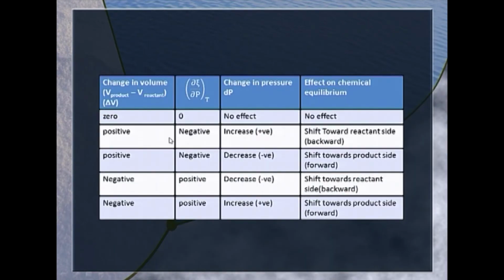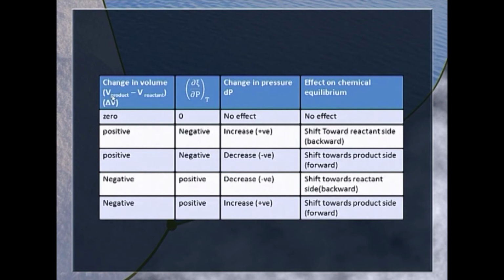This can be plotted. If the volumes of the reactant and product are almost the same, there is no change, ΔV is 0. So, we do not expect any change in the equilibrium, as seen in the first line. All these terms show no effect. If the volume change is positive, because it contains a negative sign, this term has to be negative, and if the pressure increases, the shift is backward toward the reactant side.